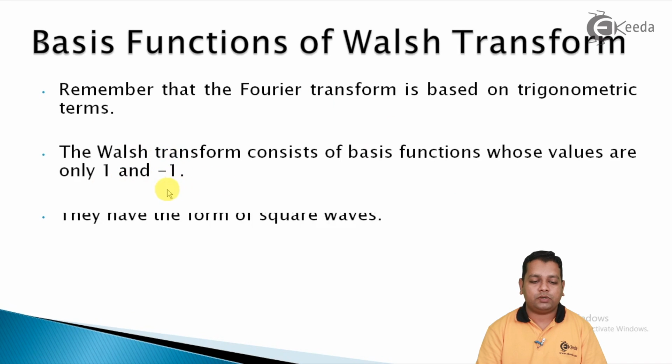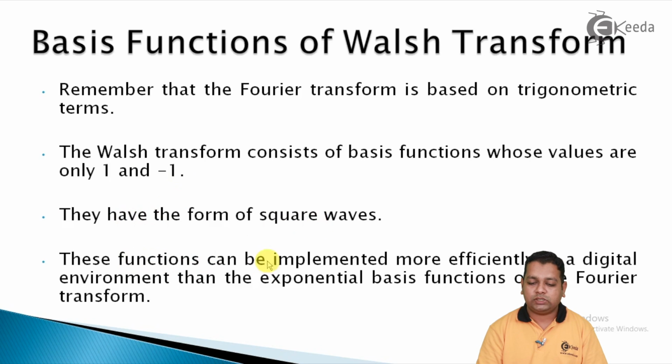So the Walsh transform offers simplicity. The basis functions have the form of square waves. These functions can be implemented more efficiently in a digital environment than the exponential basis functions, that is the complex representation of the Fourier transform. So these are the advantages offered with respect to the basis functions.